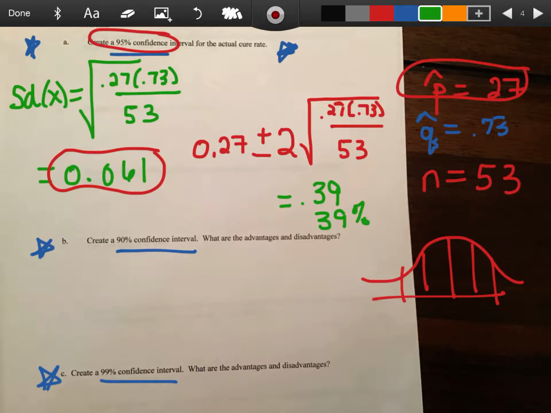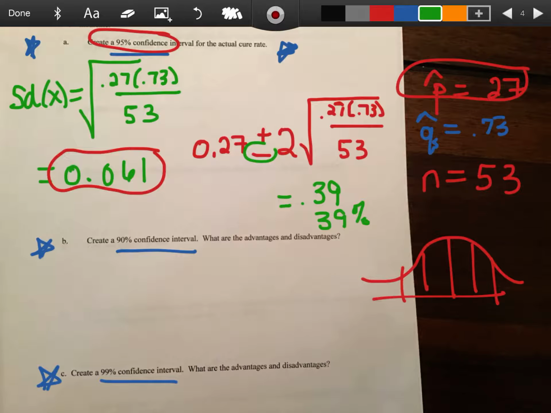And I'm going to do the same exact thing, but with the minus. So 0.27 minus 2 times the square root of 0.27 times 0.73 all over my 53 people in my sample size.